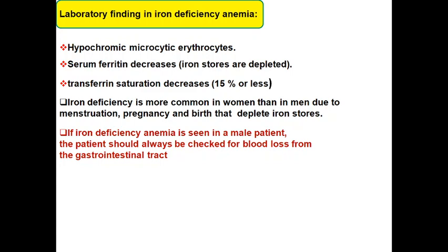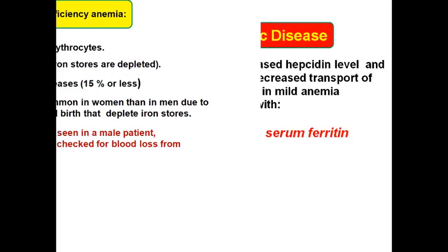It is less than 35%, it may be 15% or less. Iron deficiency is more common in women than in men due to menstruation, pregnancy, and birth. If iron deficiency anemia is seen in a male patient, the patient should always be checked for blood loss from the gastrointestinal tract.